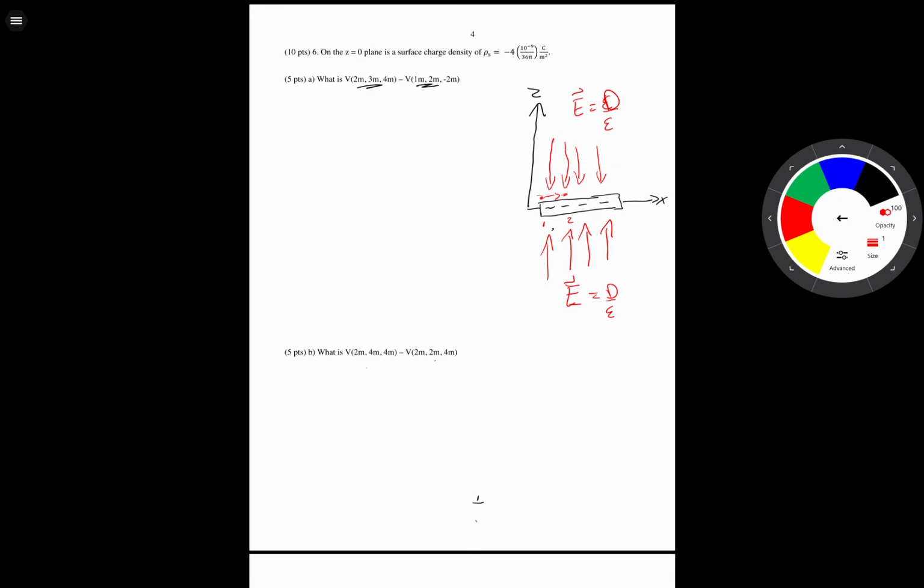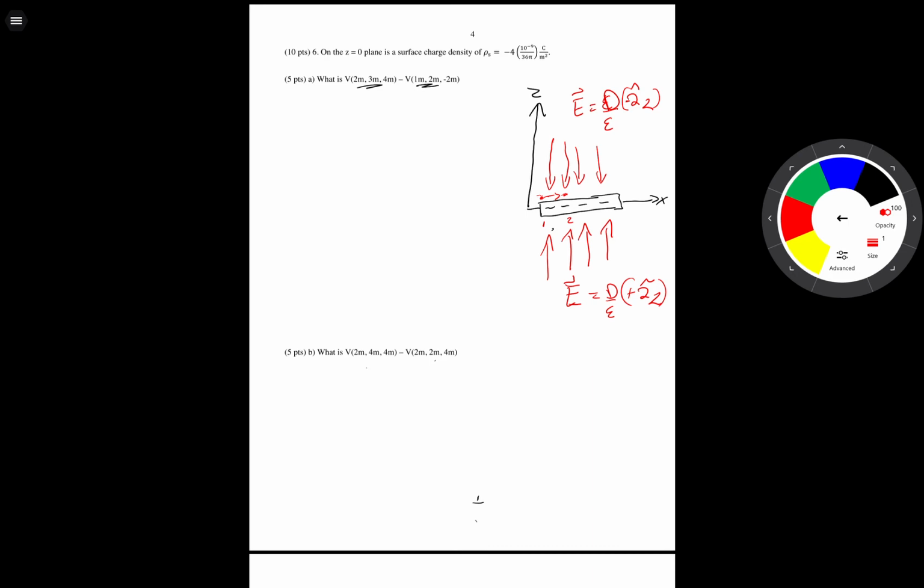Now, if we look at a similar argument for our y component, it's going to be the same, because our electric field is only in the a_z direction. Over here on the top we can see it's the negative a_z direction, and over here in the bottom we can see it's in the positive a_z direction.